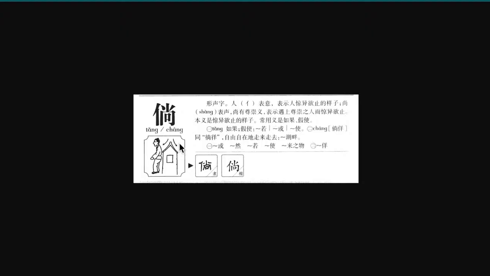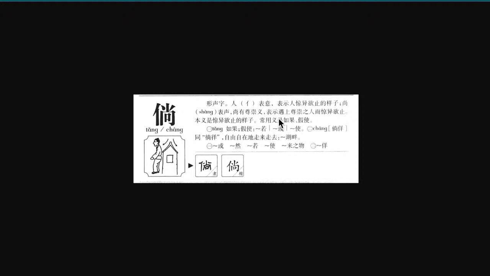Let's take a look at the character. This one goes with the person radical, and the right hand side is the character 上 (the component meaning respecting or reverent), and admire someone. That's the meaning. So this combines this component with the standing person.